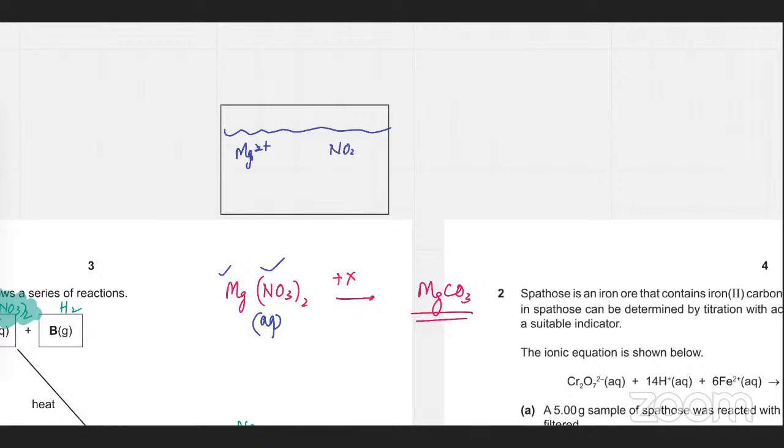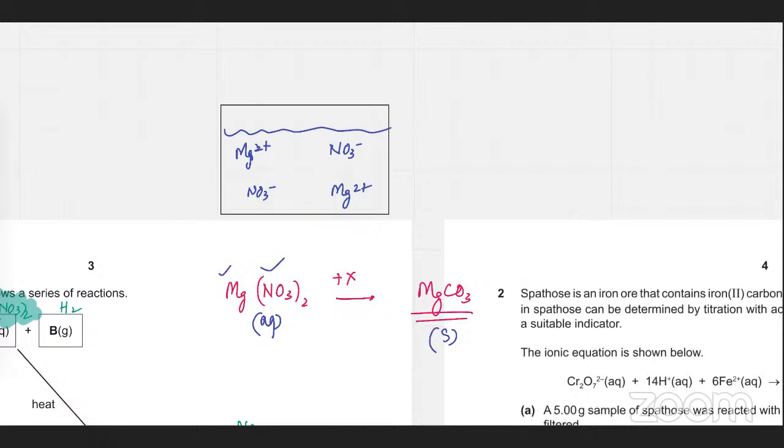If you dissolve magnesium nitrate and it's aqueous, which it is because it's very soluble, the ions would dissociate and completely mix with water. So all the ions will get scattered, lots of magnesium ions, lots of nitrate ions, all randomly floating around in water. And we need to convert it into magnesium carbonate, which is a solid. So a precipitate must be formed.